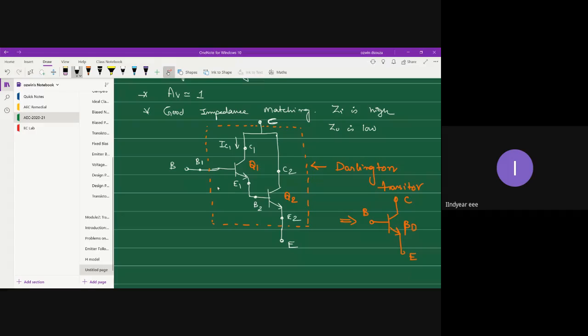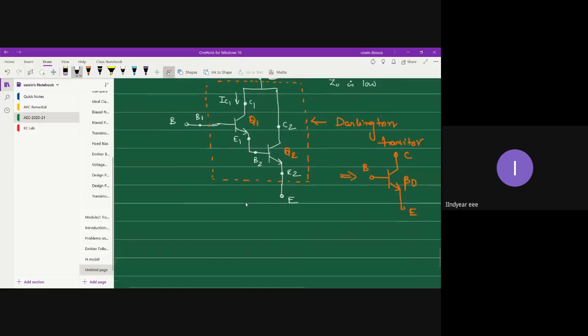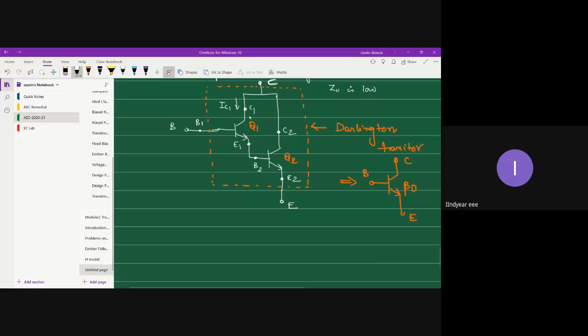I've just written the different terminals. So this is IC1, IB1, IE1, IB2, IE2, IC2, the different current directions.